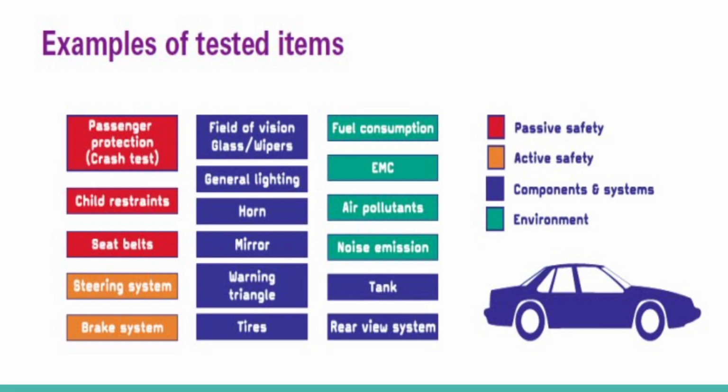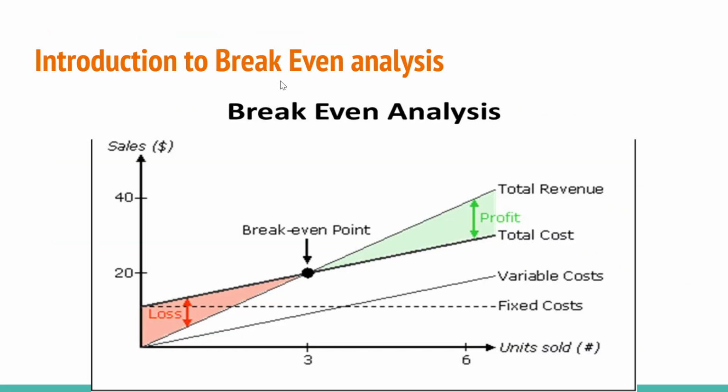Those in red are passive safety. Those in orange are active safety. Those in blue are components and systems. And those in green are environment. So next, introduction to break even analysis.